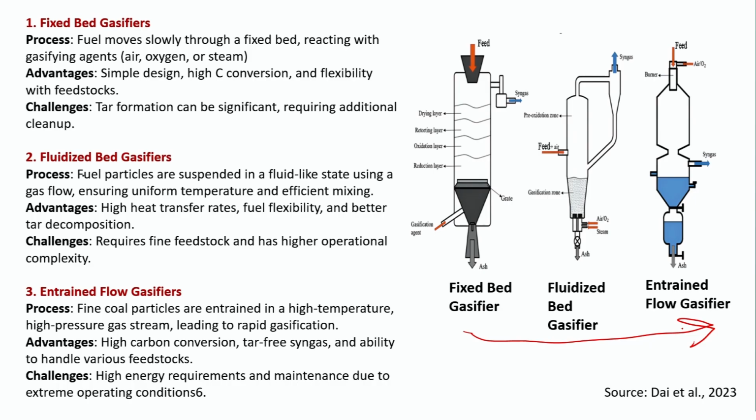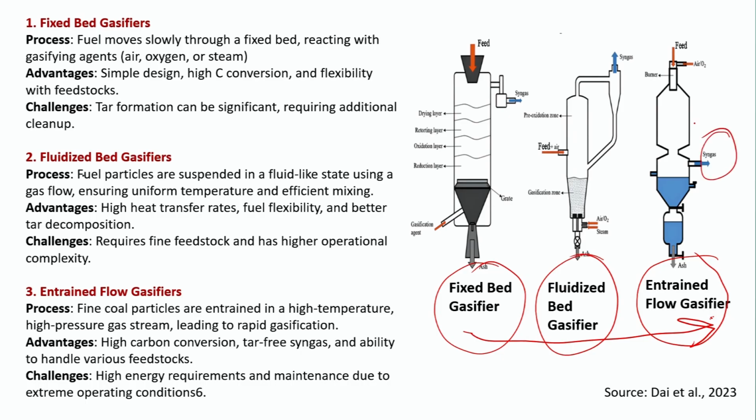Once that temperature increases, it makes carbon conversion easier and you get a tar-free syngas. Impurities here will always be high, followed by these, and this one will have the minimum impurities, so the syngas you get here is more pure.